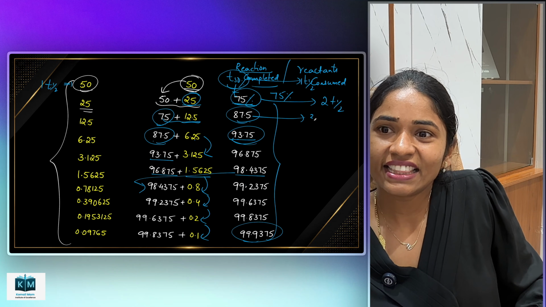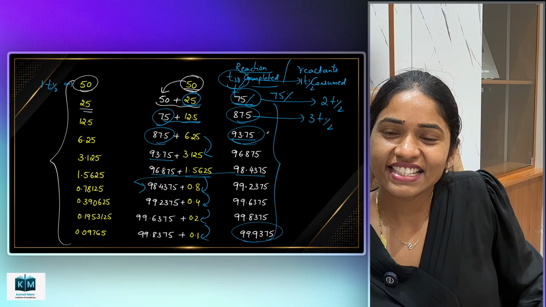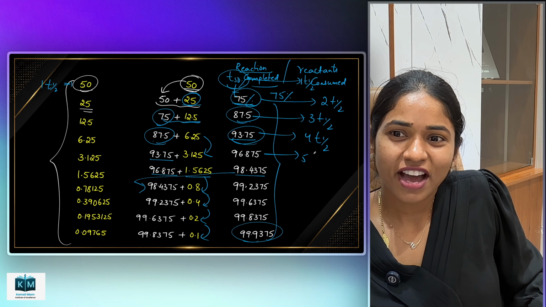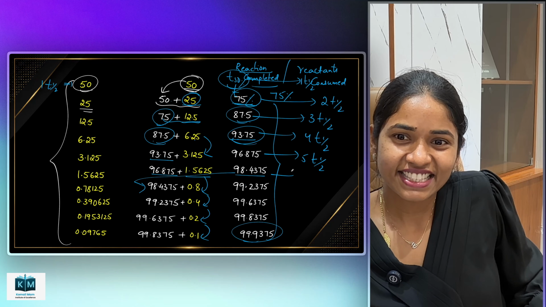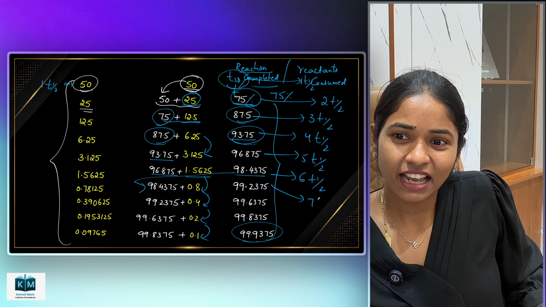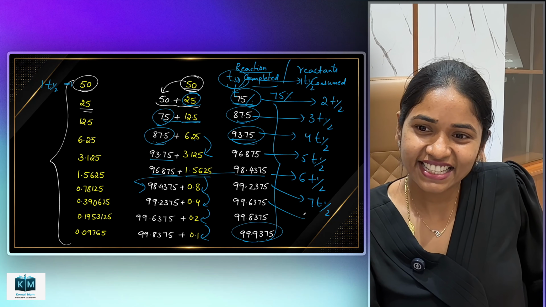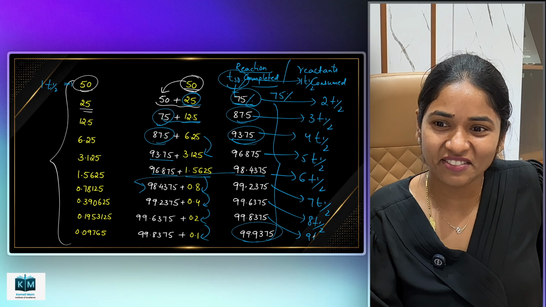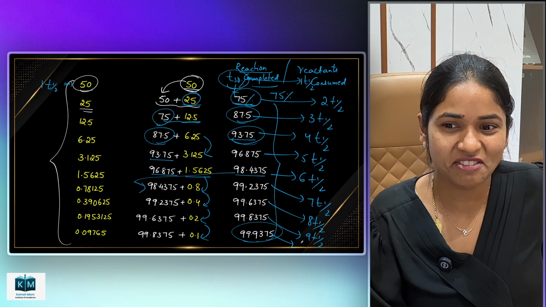This one is 3 half lives. This is 4 half lives. This is 5 half lives. This is 6 half lives. This is 7 half lives. This is 8 half lives. This is 9 half lives. This is 10 half lives.